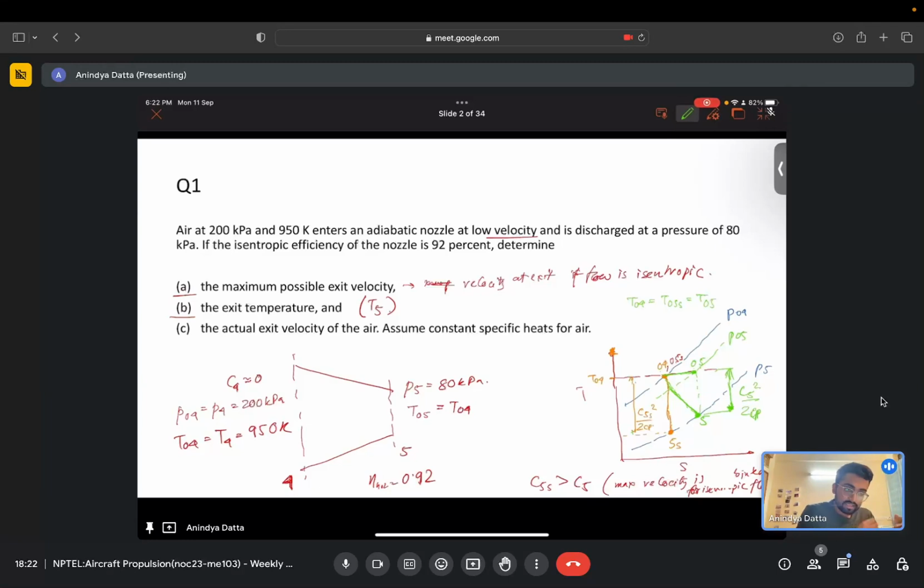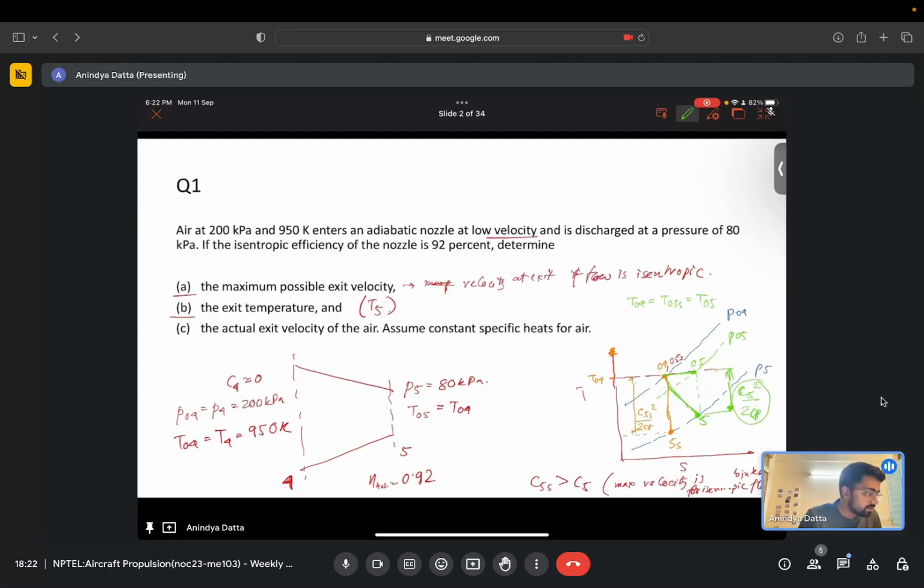So the stagnation temperature stays constant whether the process is non-isentropic or isentropic. So the temperature difference T05 minus T5 should be equal to C5 square by 2cp. Okay, this one, right?